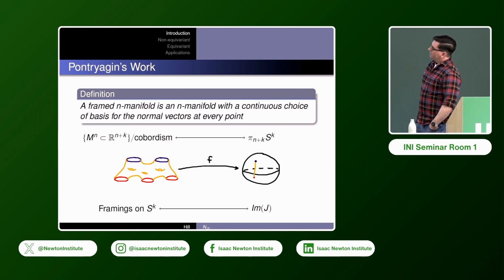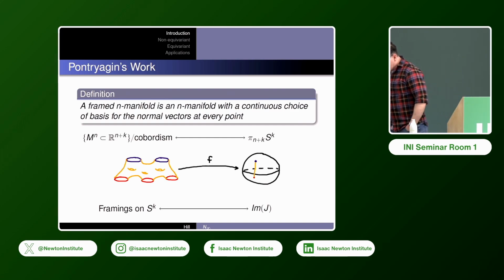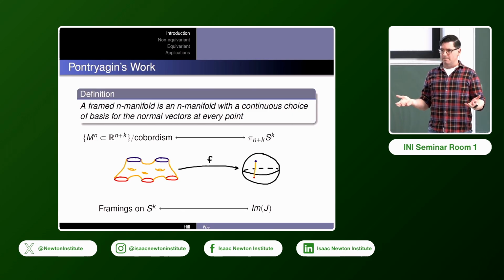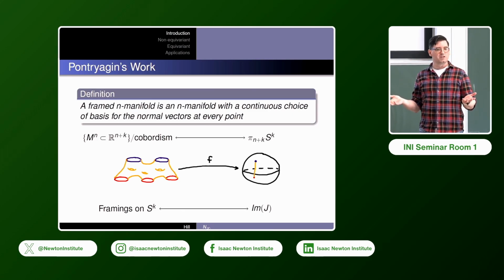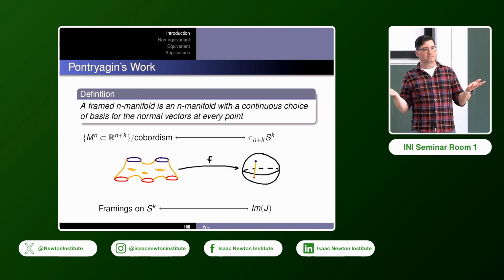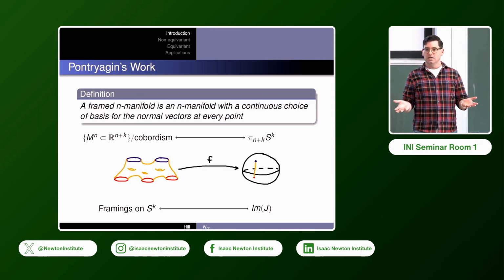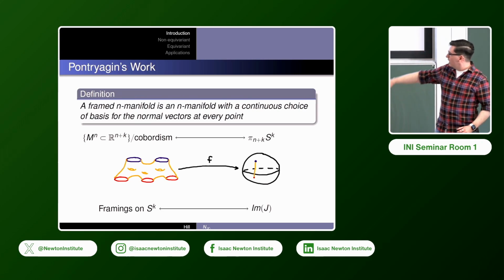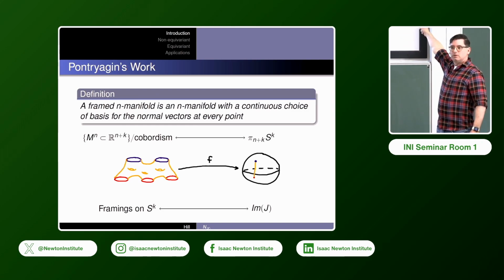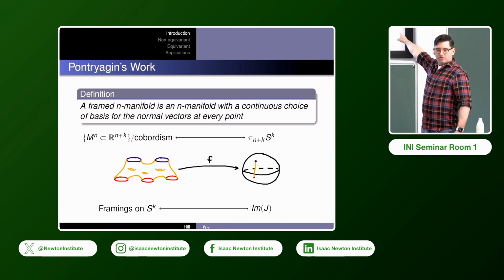The cobordism relation, which I just said is mod cobordism. Bordism here refers to being the boundary of something, and the co is the usual prefix of together. So cobordant means the two manifolds together are the boundary of some other manifold. And that's why I've color-coded it. I had the blue part, where I chose one regular value, the little blue dot. And then I could have chosen a different regular value, the little red dot.